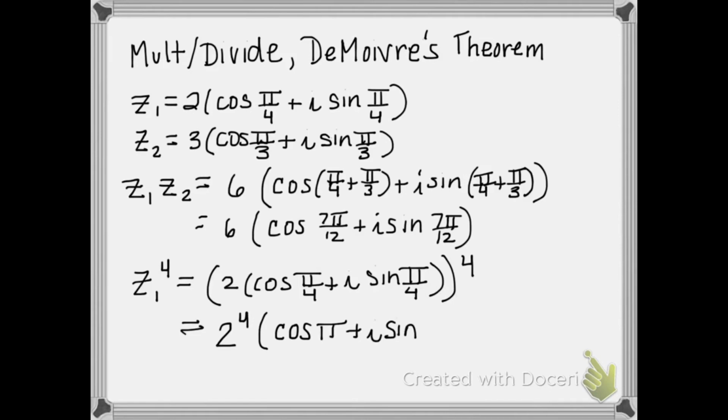If I said use DeMoivre's theorem and simplify, in this case that would be pretty easy, right? So I know that cosine of pi is -1 and the sine of pi is 0. So I could simplify this to -16. And that is a review of that.